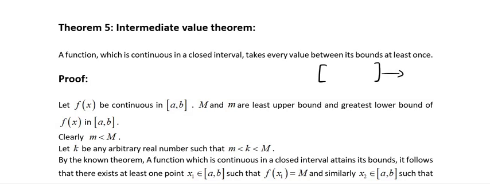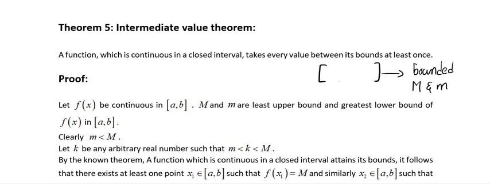We know that a function which is defined on a closed interval a comma b is bounded. That means the function is bounded above and bounded below. So, let capital M and small m be the supremum and infimum of f of x.